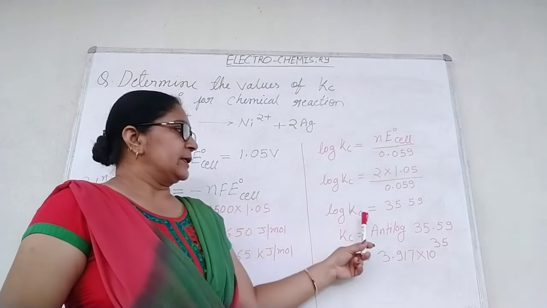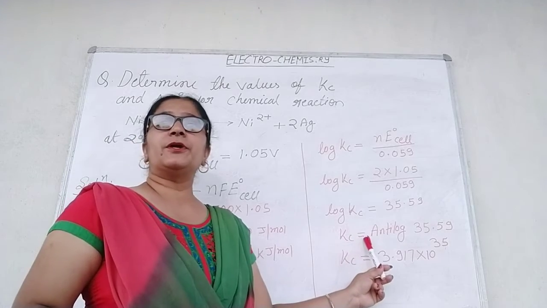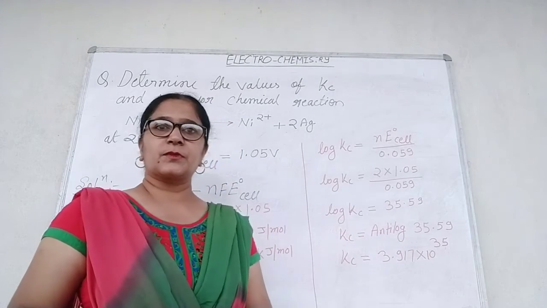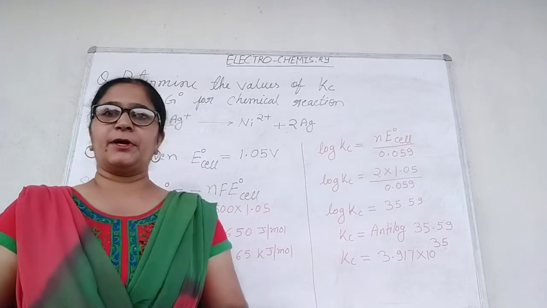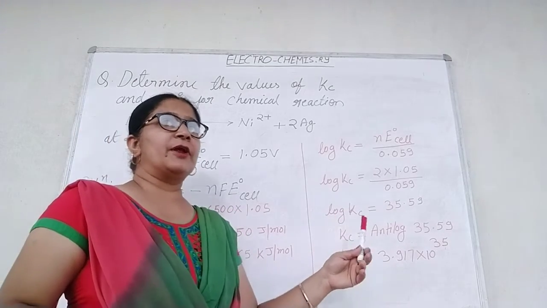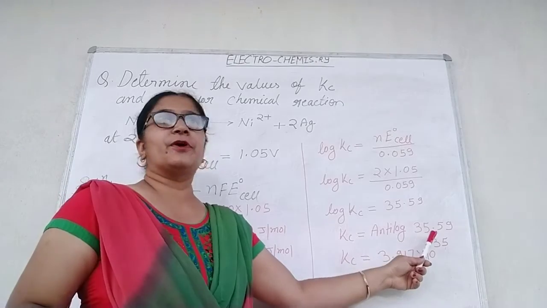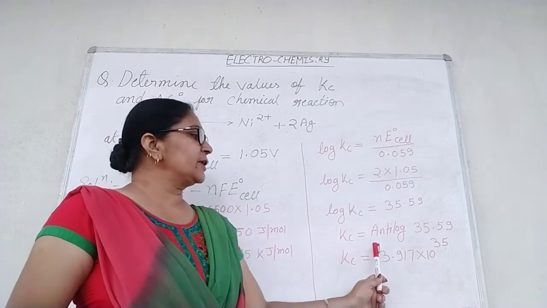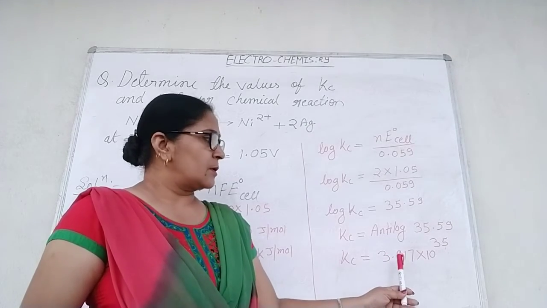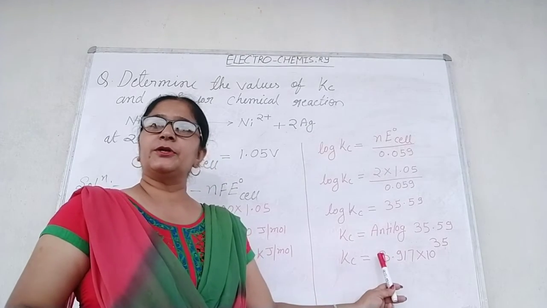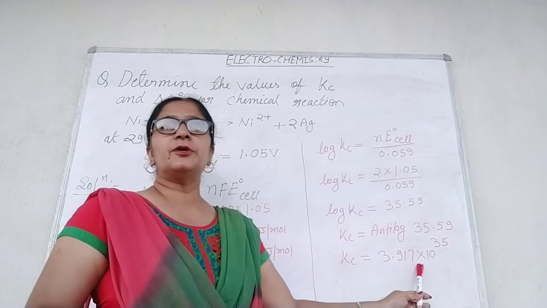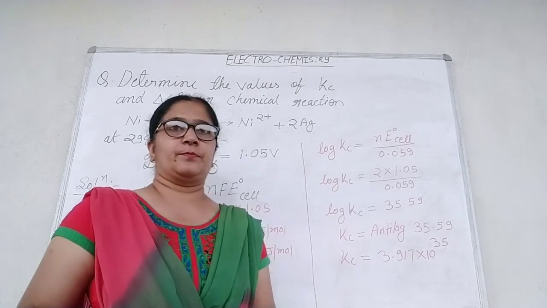So, Kc will be equal to antilog 35.59. From the antilog table, we can find the value of antilog 35.59, and we will get Kc equal to 3.917 into 10 to the power 35.